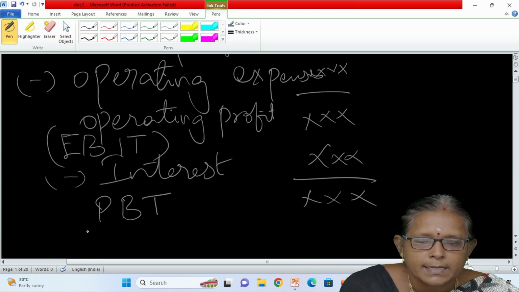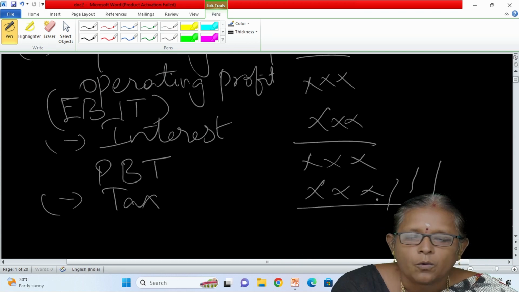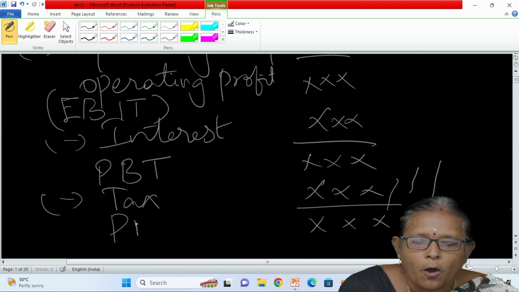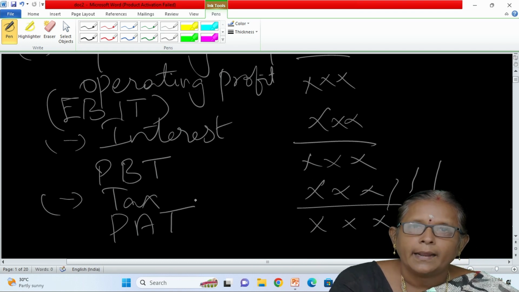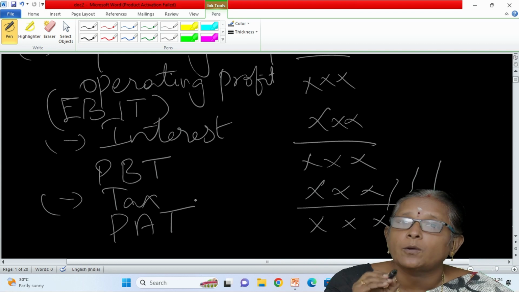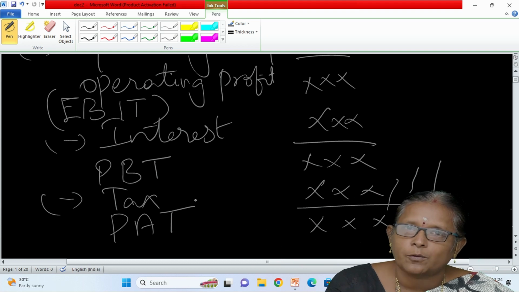Then next one is less tax. If you deduct tax, you will get PAT, profit after tax. It is otherwise called the earnings available to shareholders. Shareholders here means preference shareholders as well as equity shareholders.